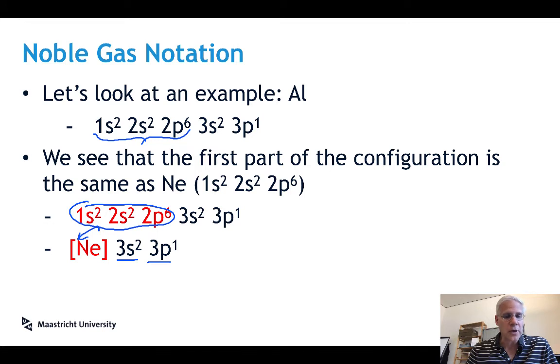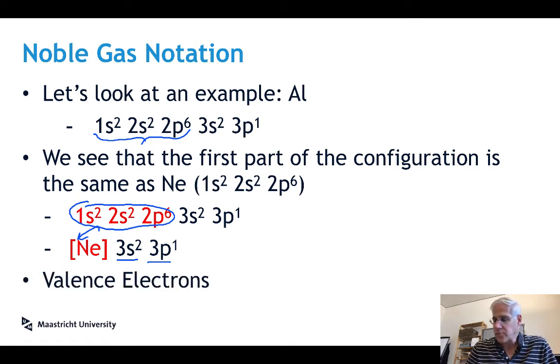That's what's called noble gas notation. It's not as big a deal for smaller atoms like aluminum, but when you get into big ones like lead and gold and some of those really large transition elements, it's really nice to use noble gas notation because you don't have to write out quite so many things.